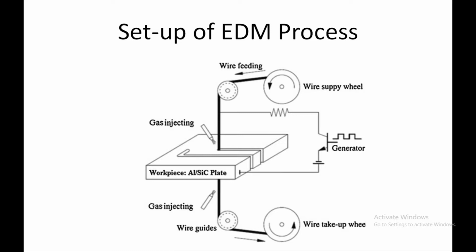In this way, material is continuously removed from the workpiece surface, and at the end whatever profile you want to manufacture can be easily generated with the help of the wire EDM process. So this much about the construction and working of the wire EDM process.